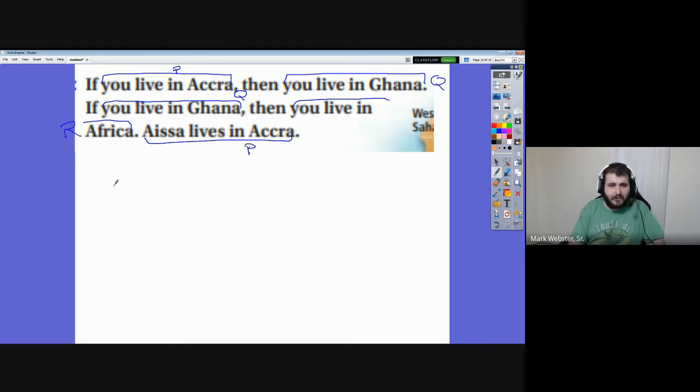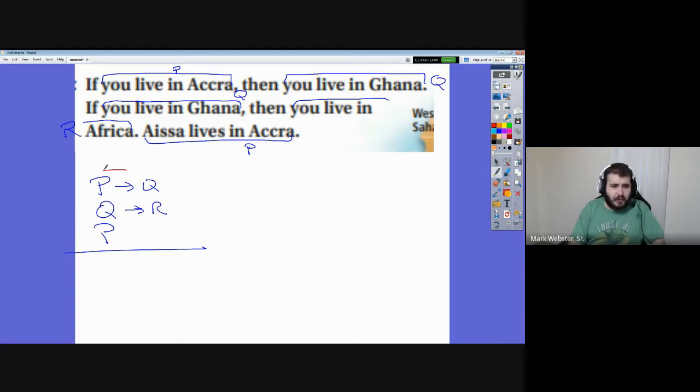So let's look at what we have here. We've got P implies Q, right? If P, then Q. We've got Q implies R. That's if Q, then R. And then our last statement is just P, right? So there's not necessarily one correct way to do this, but here I'll go in order based on what we have.